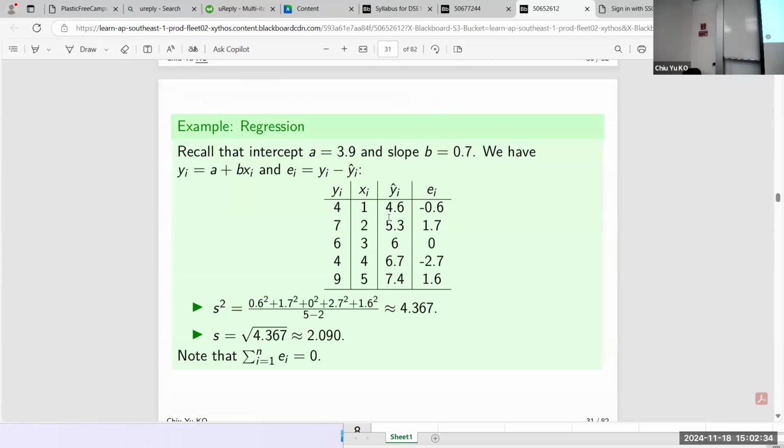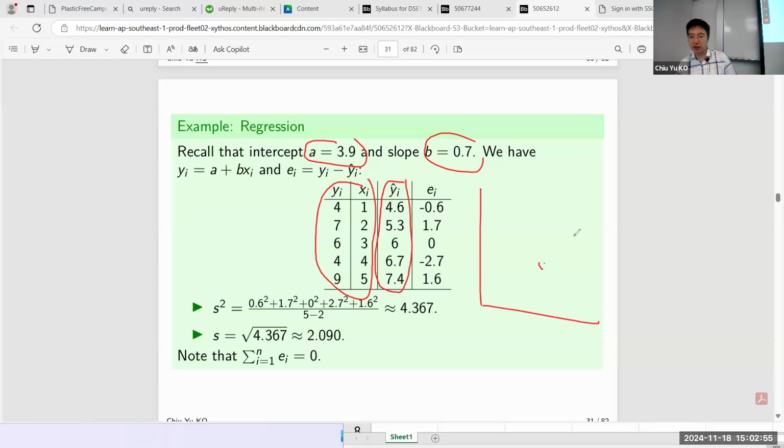Okay, so let me show you how we can calculate S. That's important. It's rather trivial. We calculate A like this, B like this. So with your X and Y, you can calculate Y hat. Y hat is simply, you have the dots here and you fit the line there. Y hat is the line fitted one.